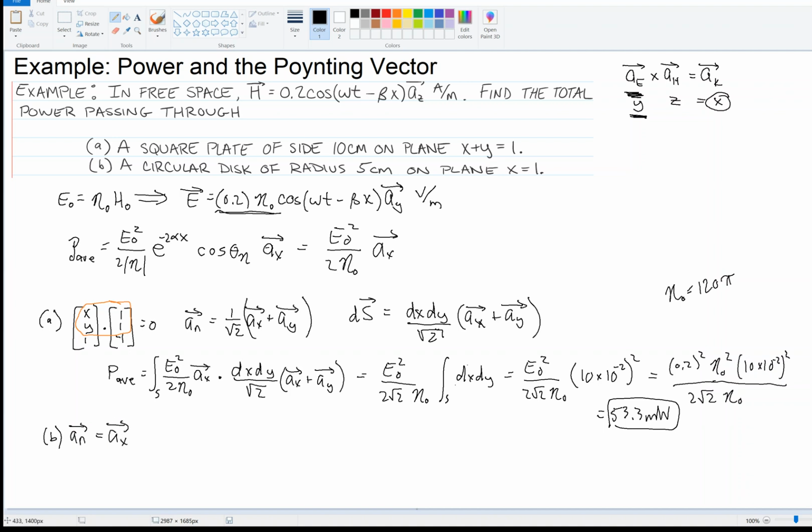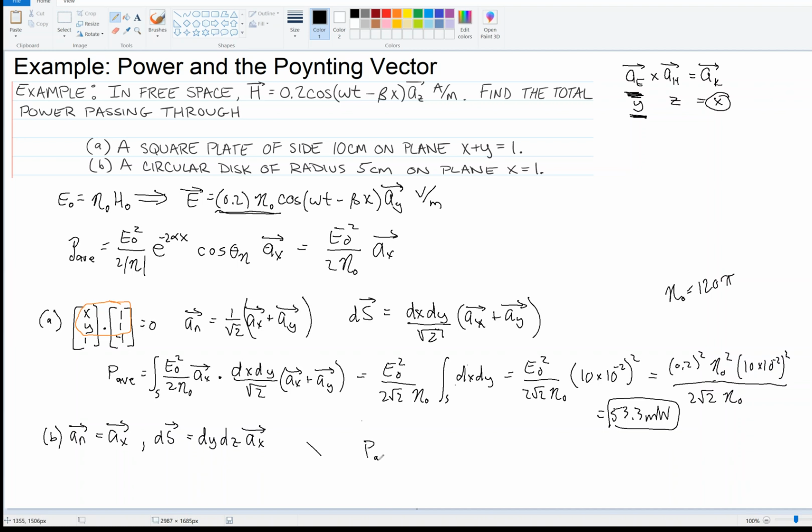So then our differential surface area vector, ds, is just dy dz, because dy and dz are changing, times ax. Again, I put ds in, and I do the dot product of script p with ds, and that picks up only the x component of this thing.